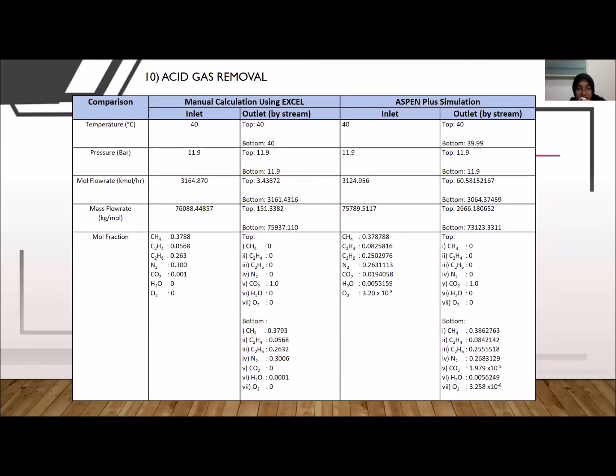The function of the recycle stream is to recirculate the solvent that we use, which is monoethanolamine, MEA, while in the Aspen simulation, there is no information needed for it. Therefore, there was quite a lot of difference in the values of mass and mole flow rate.